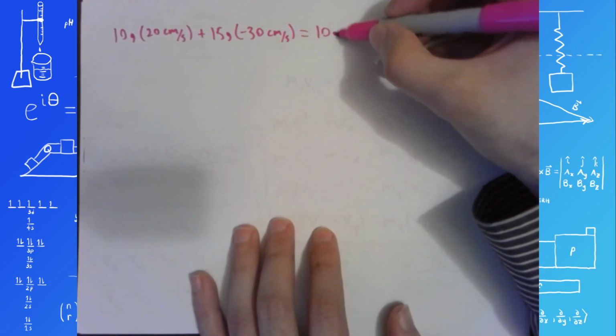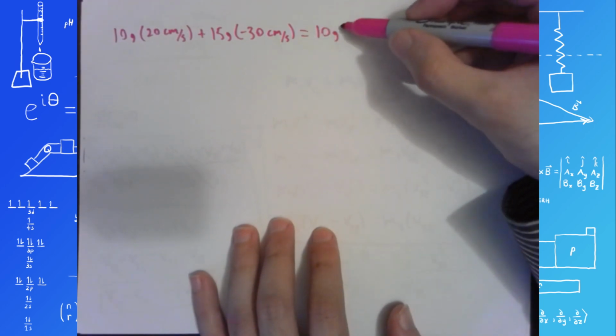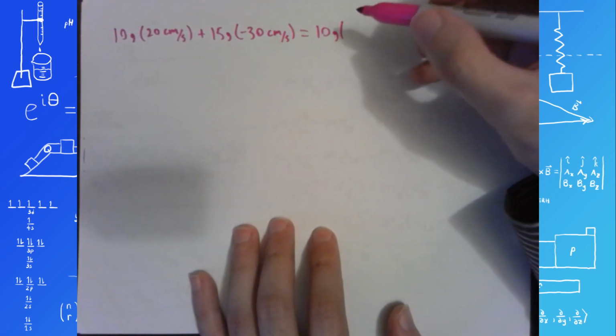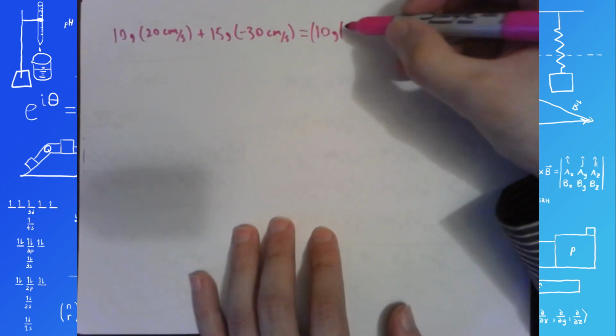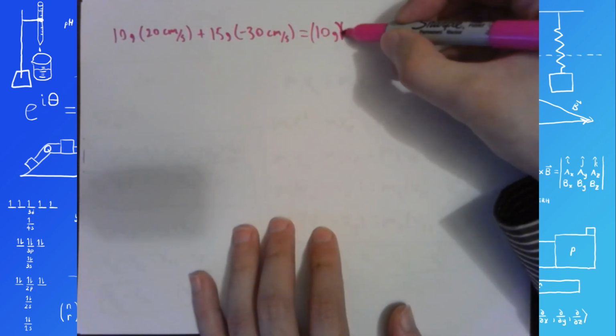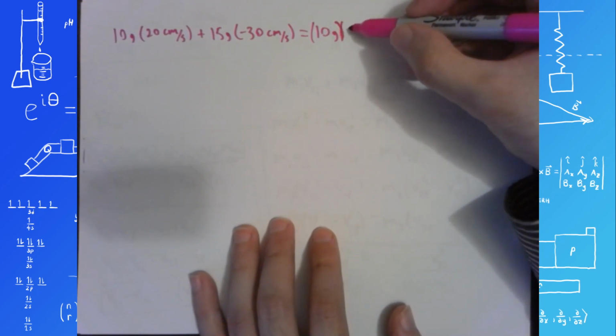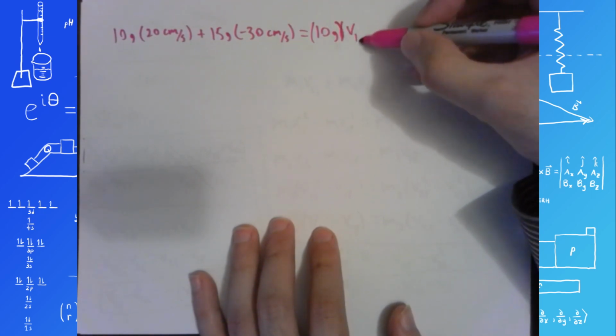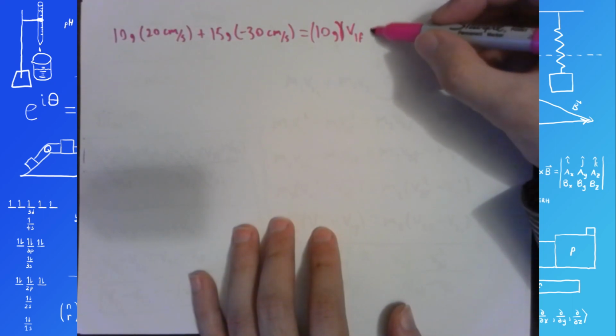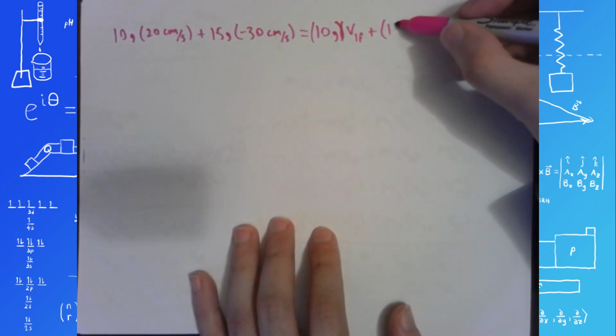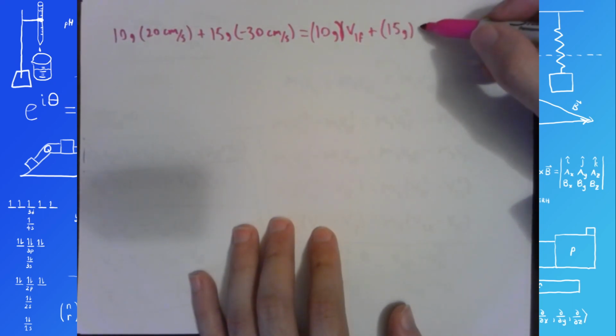equals 10 grams times, wait, I drew my parentheses wrong. 10 grams times V1 final plus 15 grams times V2 final.